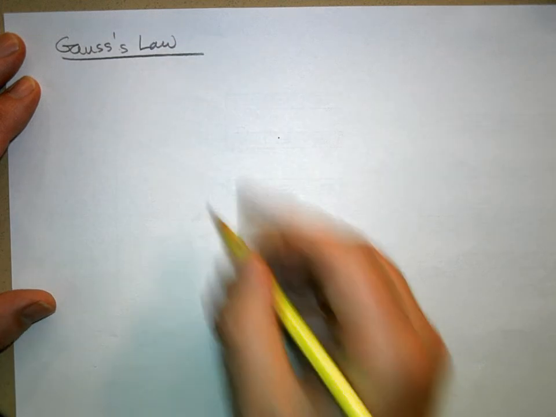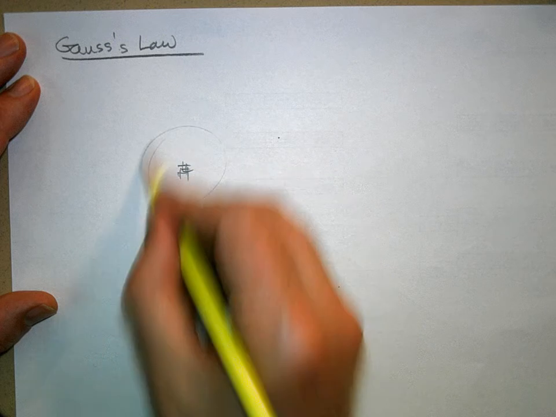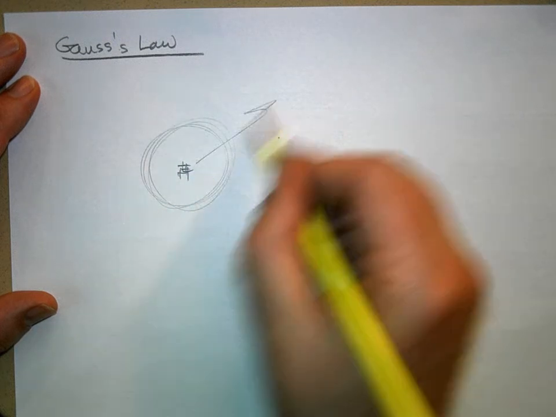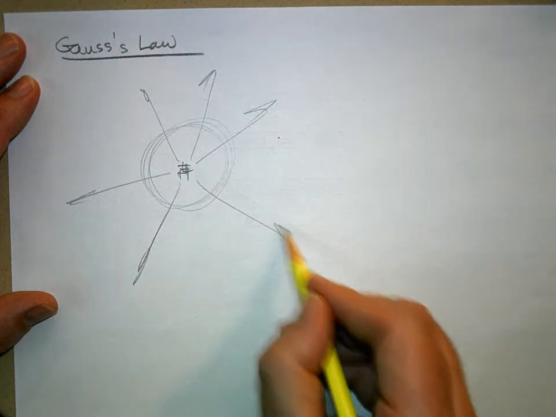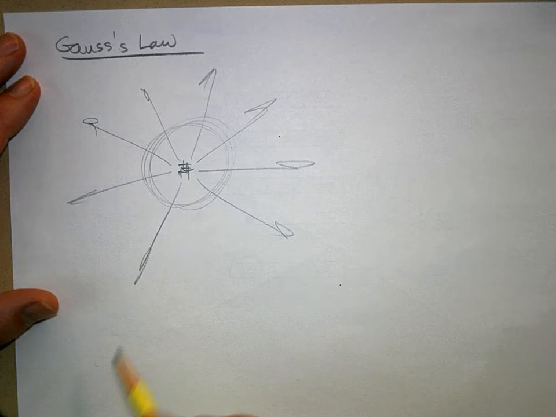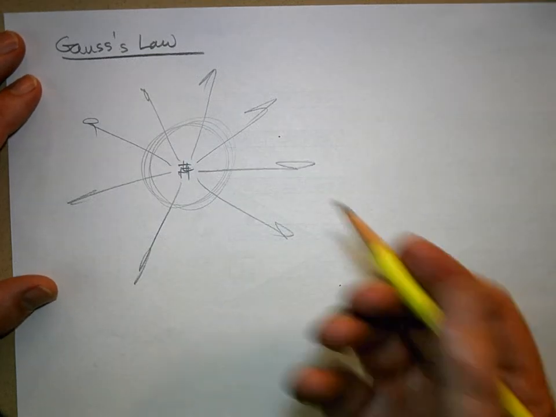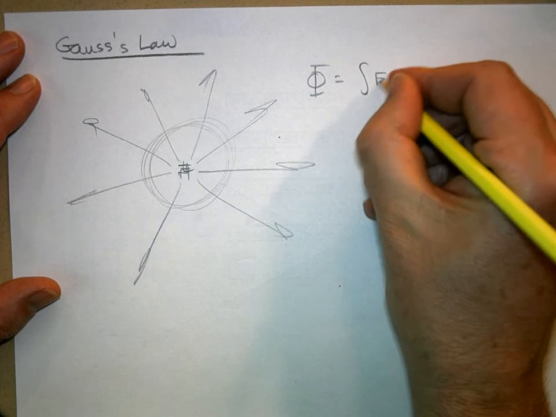We started with a point charge. If I put a point charge in there, I've got lines of flux like this. Here are my electric field lines. Of course, it's in three-dimensional space, but whatever. I am going to say that the amount of flux is equal to the closed surface integral of E dot dA.